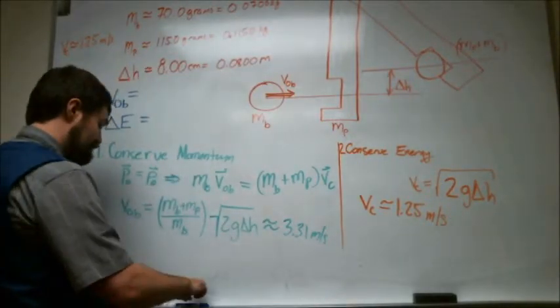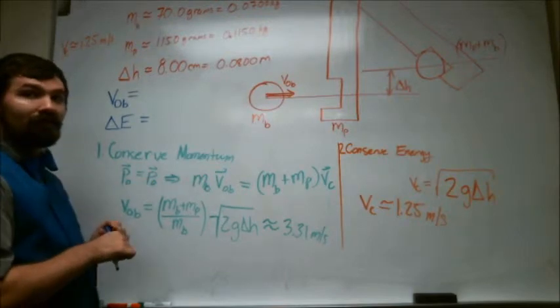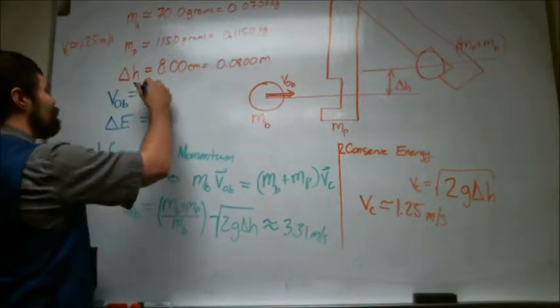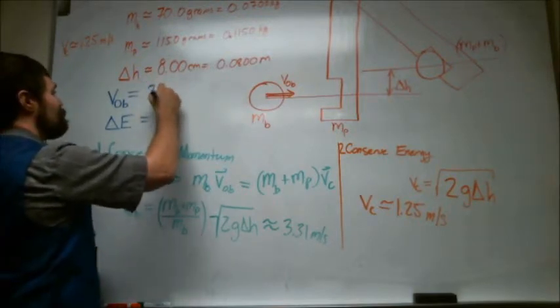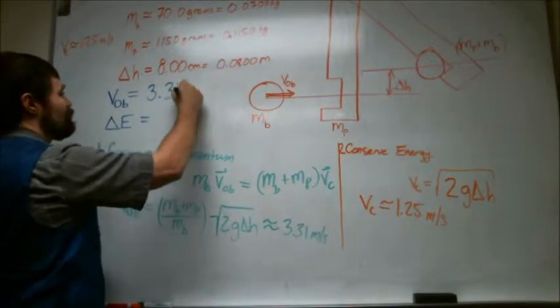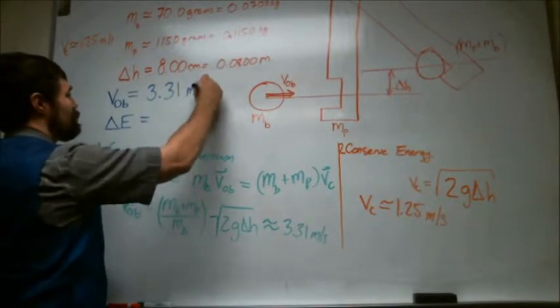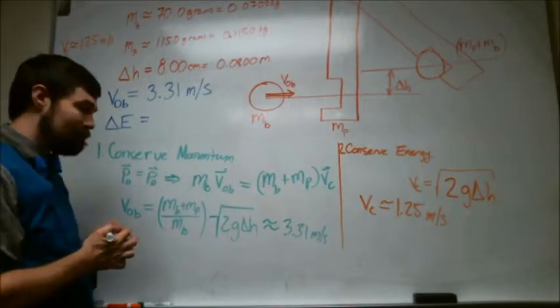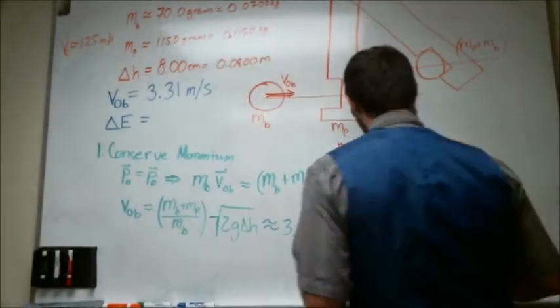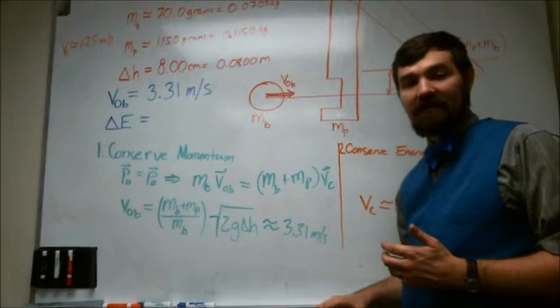So that actually solves the first part of the problem. So our muzzle velocity, as it were, is 3.31 meters per second. So that's the process for finding the muzzle velocity.